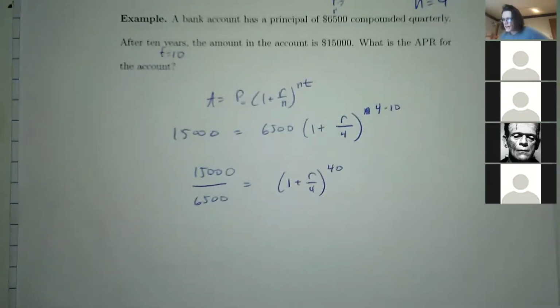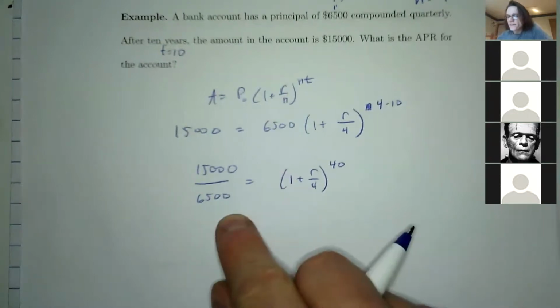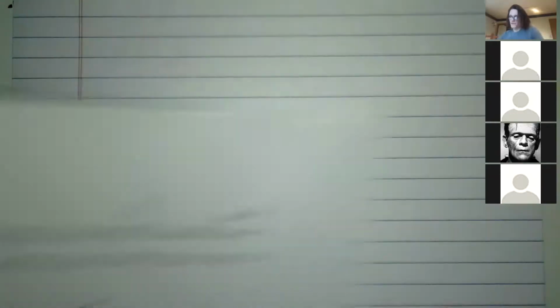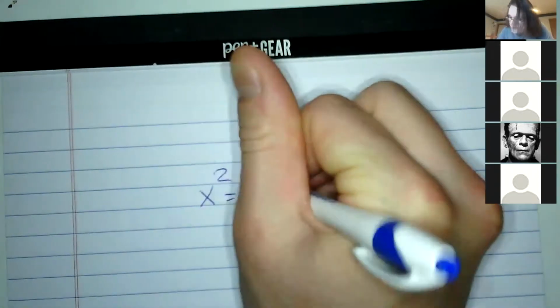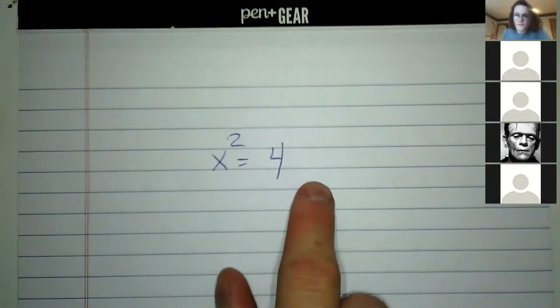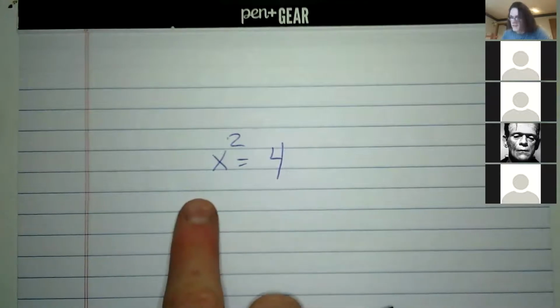All right. And I don't know how familiar we are with roots, but we're going to learn. So what I can do now is, let me move this for a second. Suppose I had this equation, and I wanted to solve for x, right?